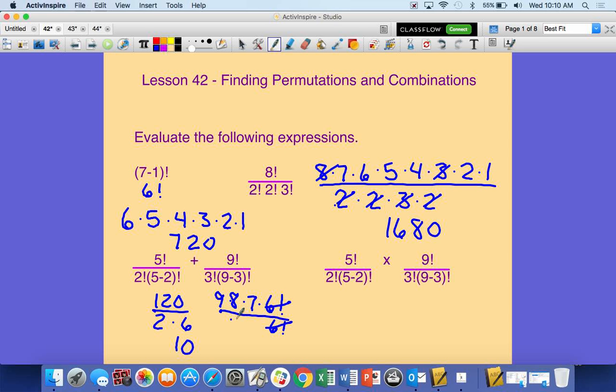And then we're left with 3 times 2 times 1. Well, then we can simplify this down. 3 goes into 9 3 times. 2 goes into 8 4 times. And then we're left with 7 times 4 is 28. 28 times 3 is 84. So this whole thing turns into an 84, where you can do that whole thing without even grabbing your calculator.